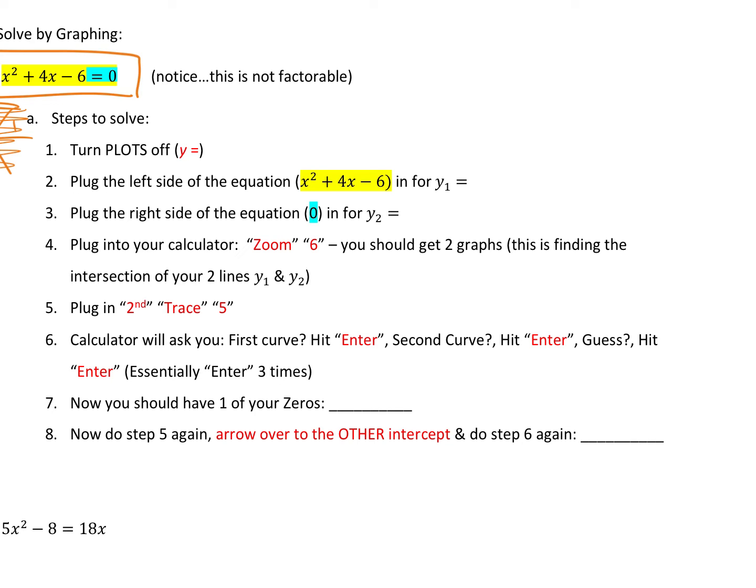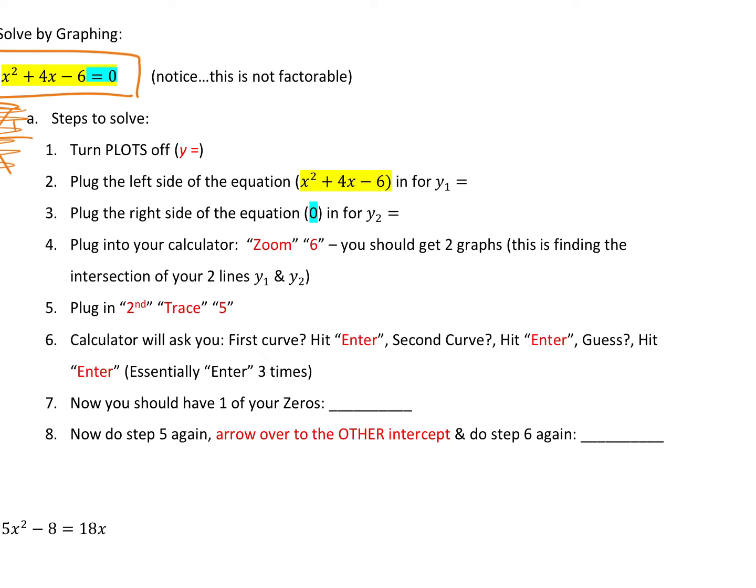That's gonna find for us the intersection of two lines. So second, trace 5. Okay, now your calculator should be asking you a question. It's gonna say, is this your first curve? And we're gonna say yes. So hit enter. Then it's gonna say, is this your second curve? So our second line, yes, hit enter.